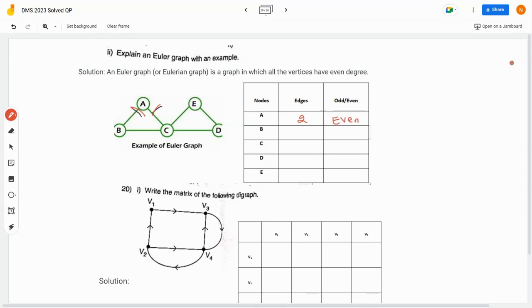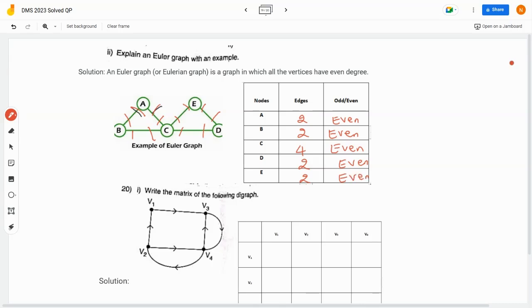Then for B it is 1 and 2. B is also 2, it is even. Then for C it is 1, 2, 3, 4. It is 4, it is even. Then for D it is 1 and 2, it is even. Then for E it is 1 and 2, it is even.